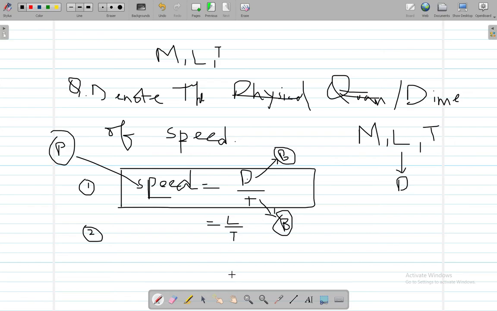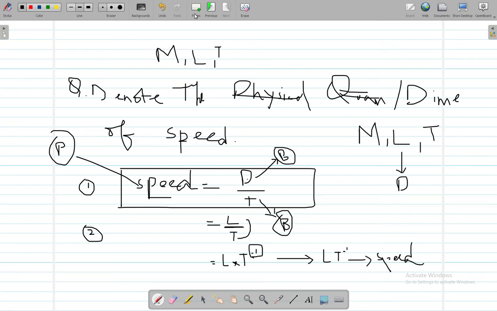So the answer here is L upon T, and you take the T up, so it becomes L multiplied by T to the power of -1. As you have removed the division sign, you multiply, and T has a power of -1. So we get L into T to the power of -1, and this is the dimension of speed.